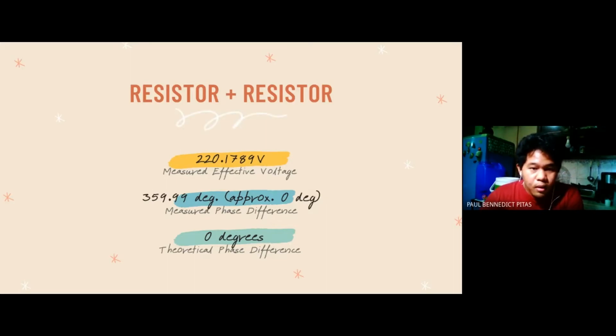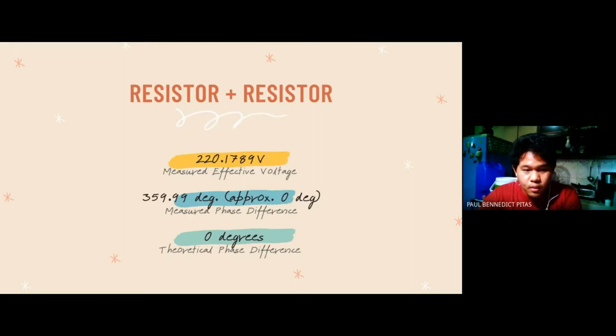For the resistor and resistor in series configuration, the measured effective voltage is 220.1789 volts. Then the measured or experimental phase difference is 359.99 degrees, which is roughly 360 degrees, and 360 degrees is also equivalent to 0 degrees.